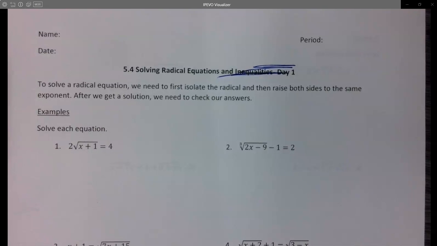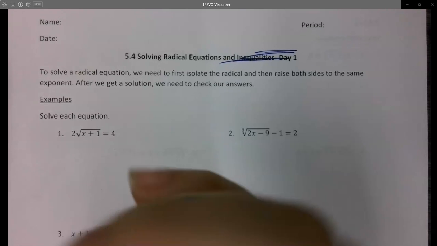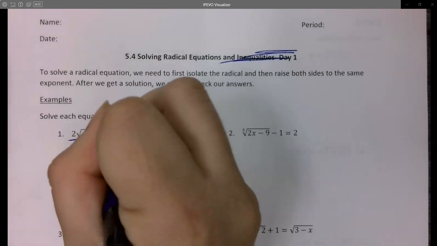So in order to solve a radical equation, we want to get the radical alone. So if I take a look at number 1, the first thing I'm going to do is divide both sides by 2.